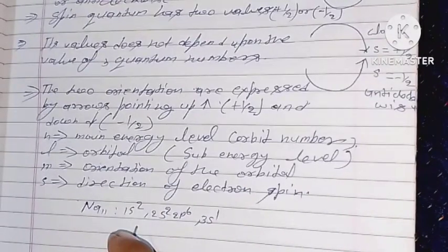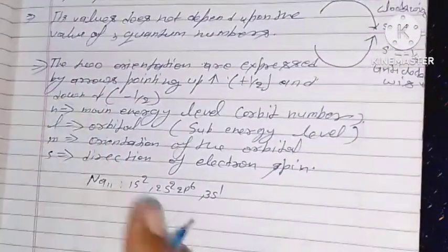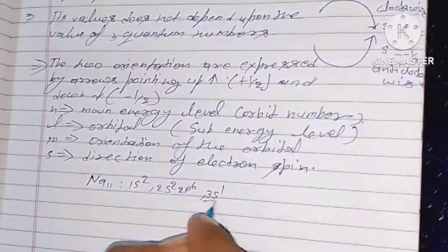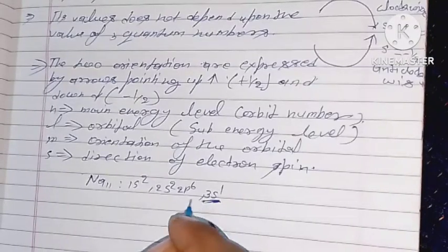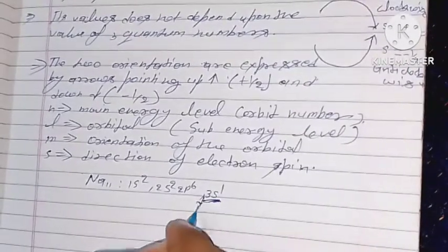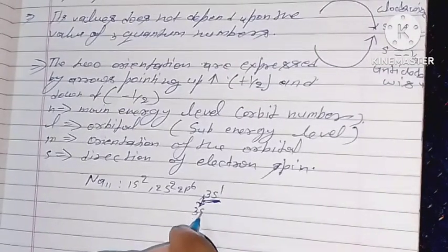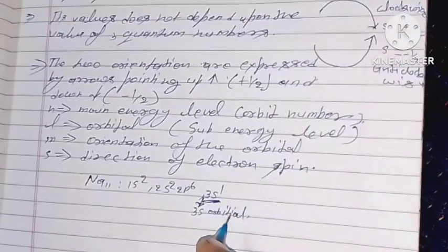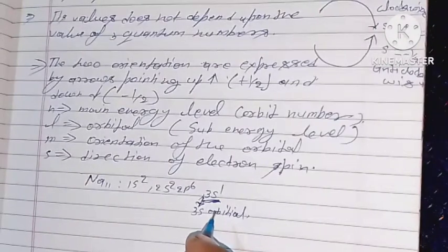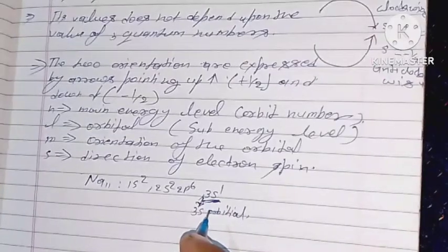Suppose we want to find the four quantum numbers of the last electron present in sodium. Since the last electron of sodium is present in the 3s orbital, it is present in the 3rd orbit.